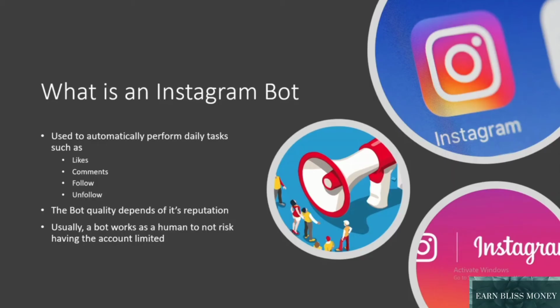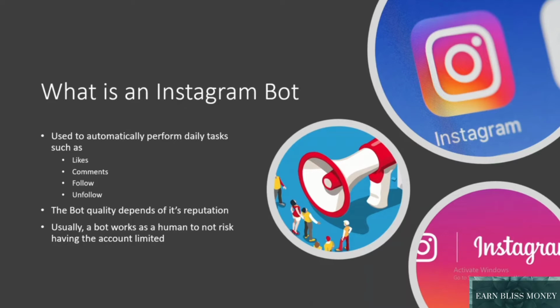So let's start. What exactly is an Instagram bot? A robot, or an Instagram bot, is a tool that is used to automatically perform daily tasks. Let's say, for example, you want to like certain types of profiles. This bot will like different types of profiles based on what exactly you want.